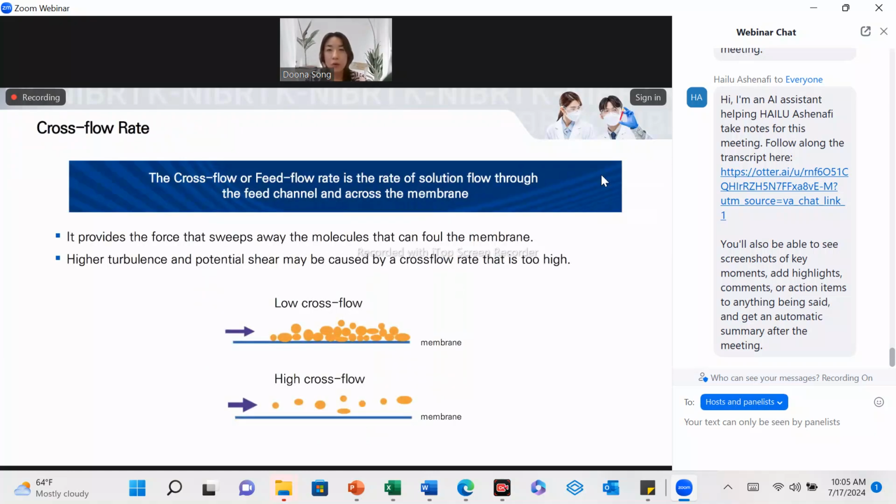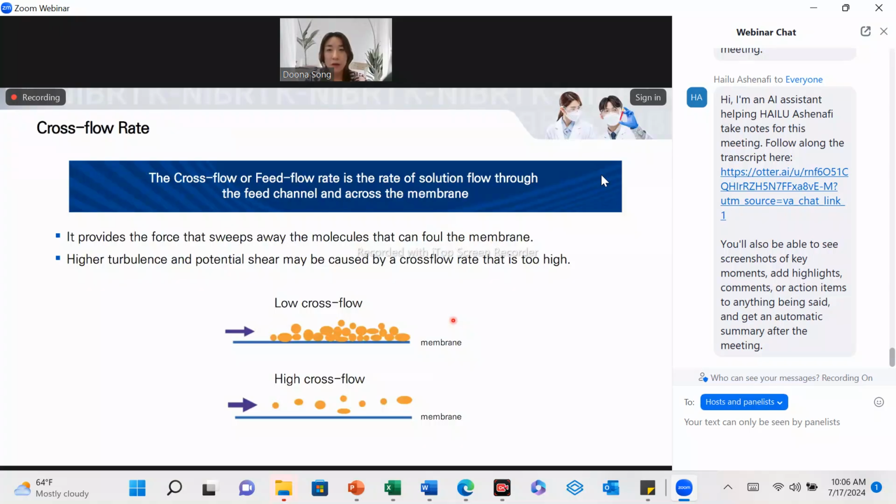The cross-flow or feed flow rate is the speed at which a solution moves through the feed channel and across the membrane, like this. This flow creates a force that helps sweep away molecules that could block the membrane.